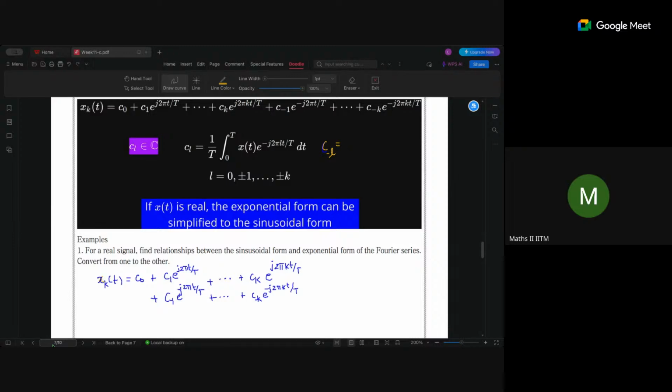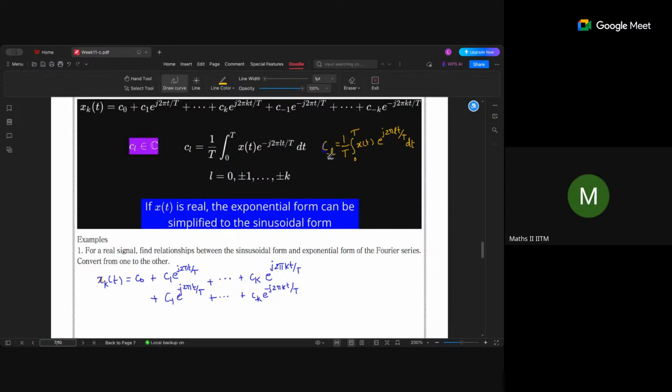When you apply minus l, the power becomes positive, right? So here you have 1 by T integral 0 to T of x of t e power j 2 pi l t by T dt. So this is your c minus l.